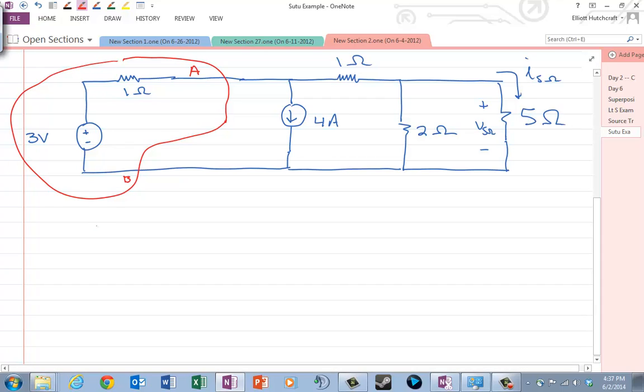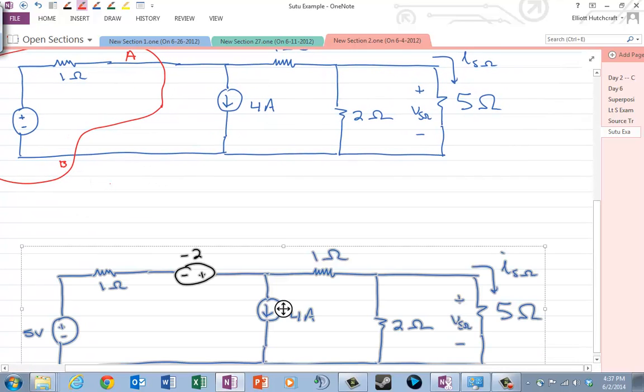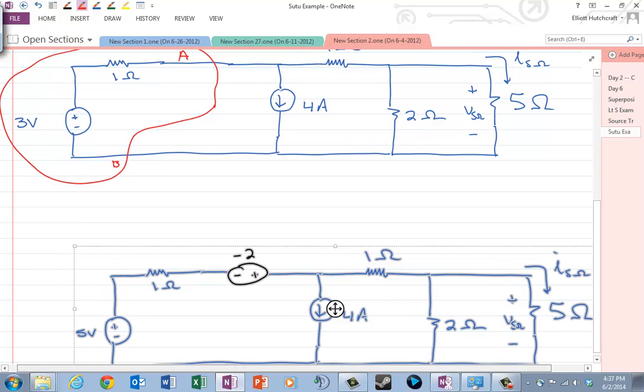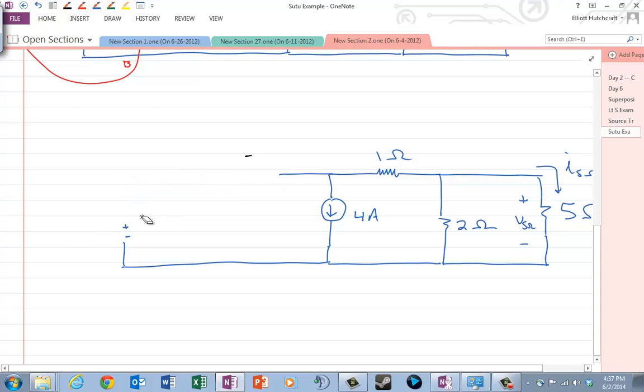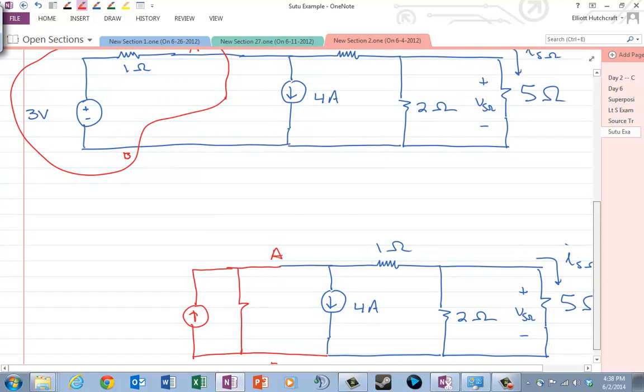So if I come down here, I know that I'm going to get a current source in parallel with resistors. So here's my A and here's my B. Well, what's that current source equal to?